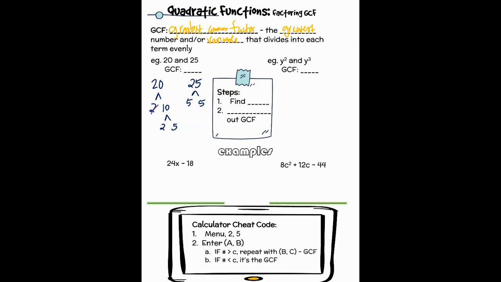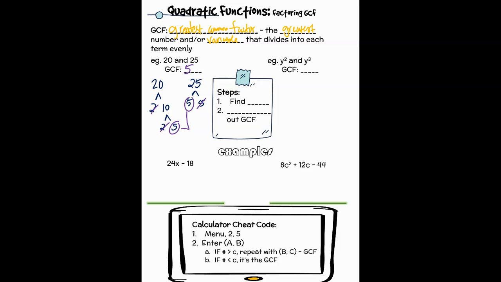We have another 2 in 20, none in 25 still, so that's not one either. We have a 5 in 20 and a 5 in 25. That's one of our greatest common factors. What's left over in 25 is another 5, but we don't have that 5 in 20, so that's not part of our greatest common factor. So 5 is our greatest common factor here.